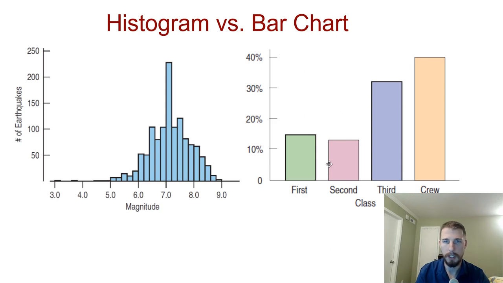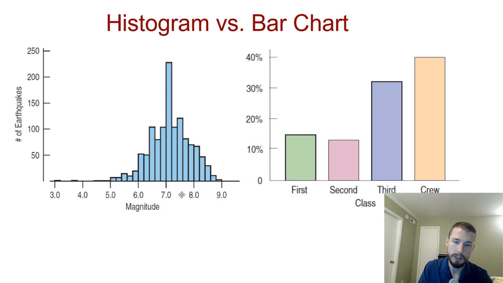But the different categories like first, second, third class would have gaps in between them. Also, if we graph the survival and death rate for first class, those two are related, so they would be touching, but there would be a gap between them and the survival and death rate for second class. In a histogram, all of the bins are going to be touching each other because they're all related. There are no spaces in between them.